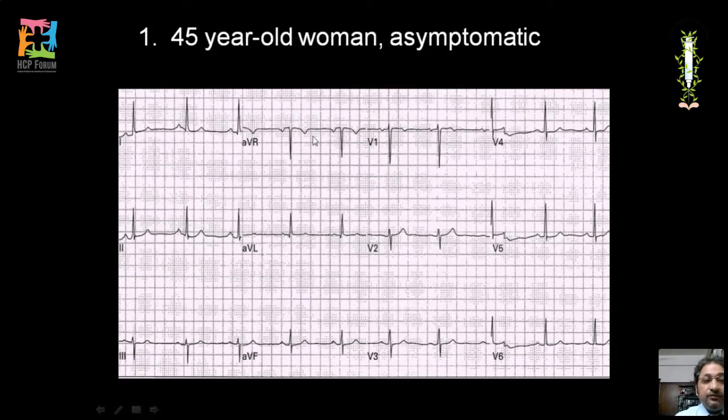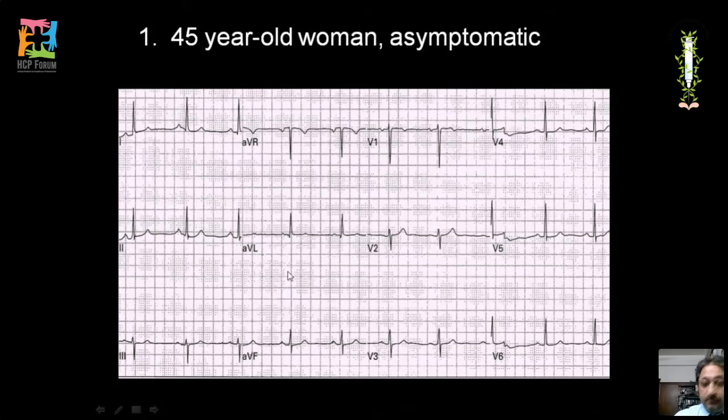I don't find any abnormality in this P wave, because in lead 2 it is upright, in V1 it is biphasic, and the RR intervals are regular. So it's a normal sinus rhythm, and all the PQRS morphology and the PR interval are normal.